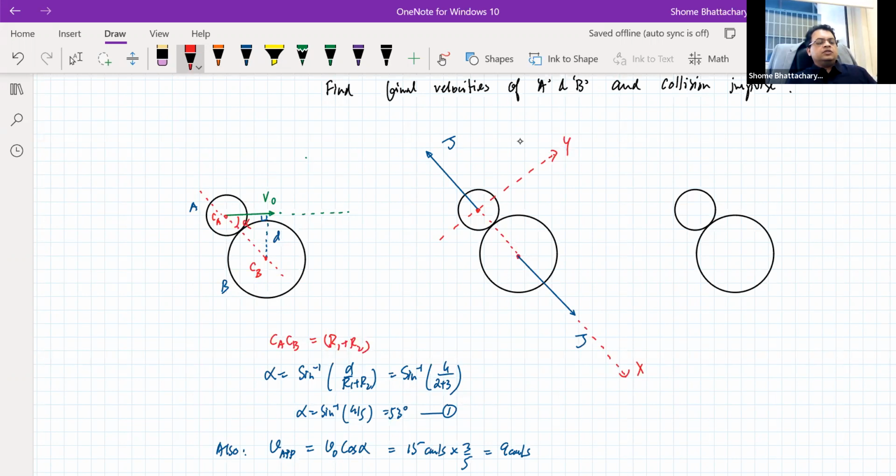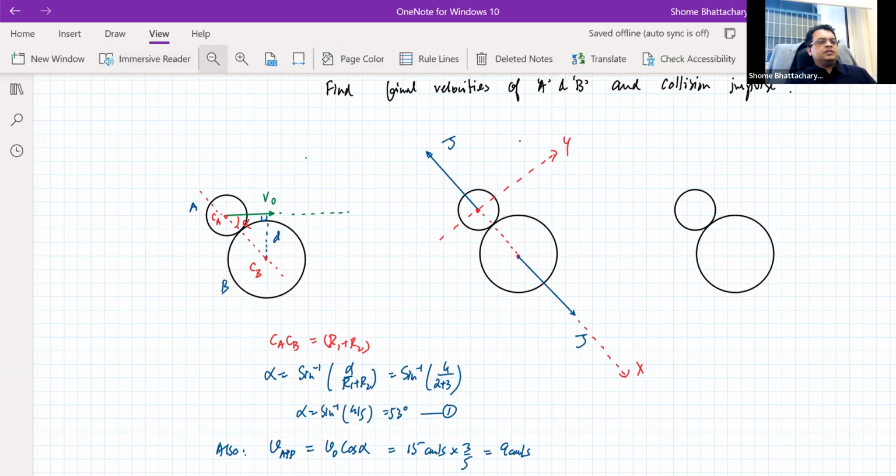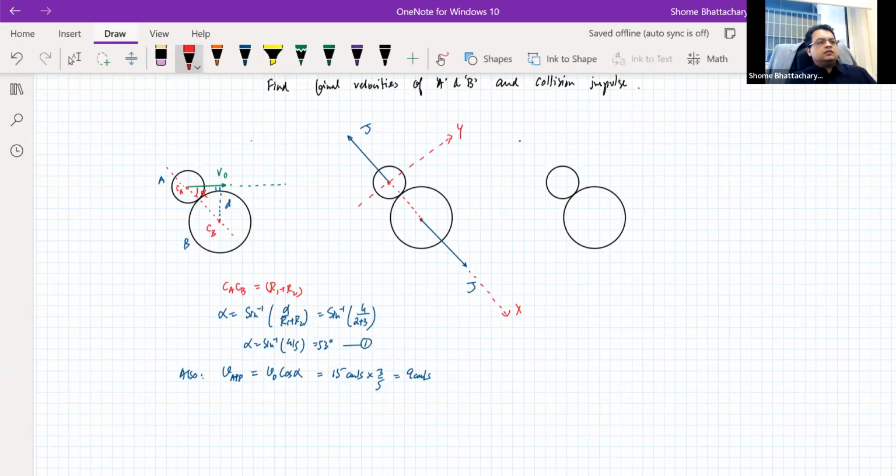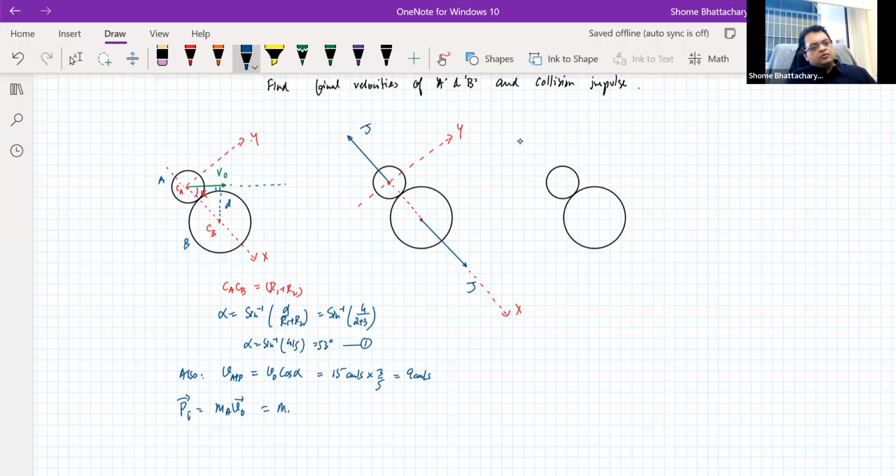What you will realize from the second diagram is that for A, its x component of momentum will be conserved. What is the momentum of the system initially? It is A's momentum only, which is ma into V0, which becomes ma into V0 cos alpha i cap plus sin alpha j cap.